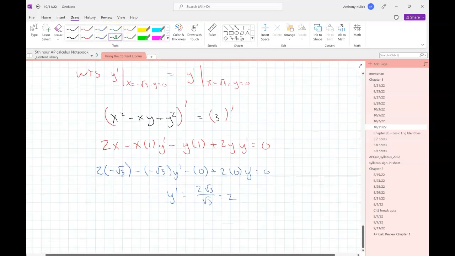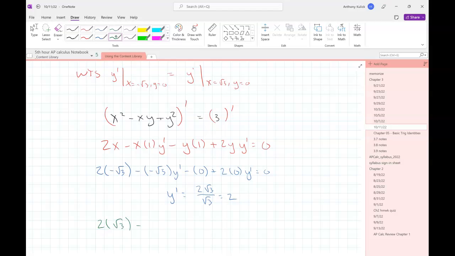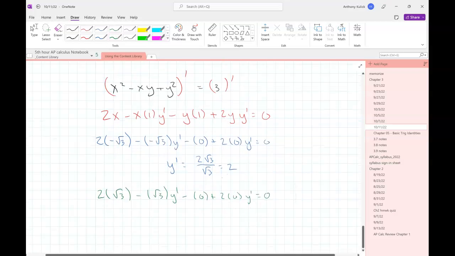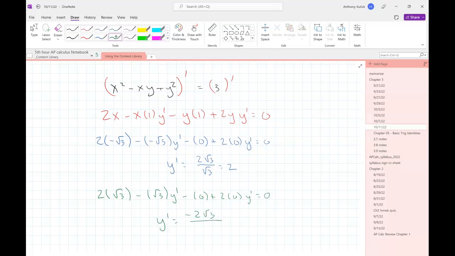And if I plug in the same thing except positive root 3, I get that y prime is going to be negative 2 root 3 divided by negative root 3, which is 2.